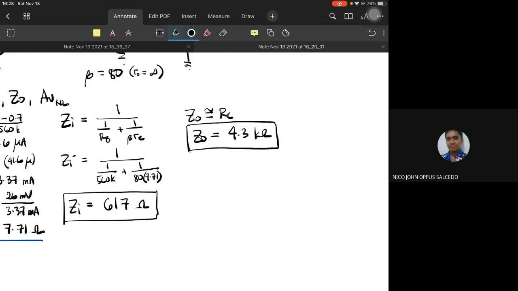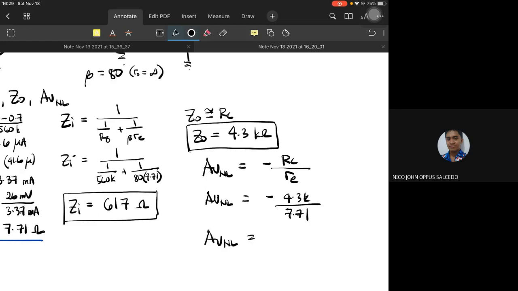For AV and L, again there is no RO, so it is negative RC over RE. 4.3K divided by 7.71 is 557.4. So there it is, 557.